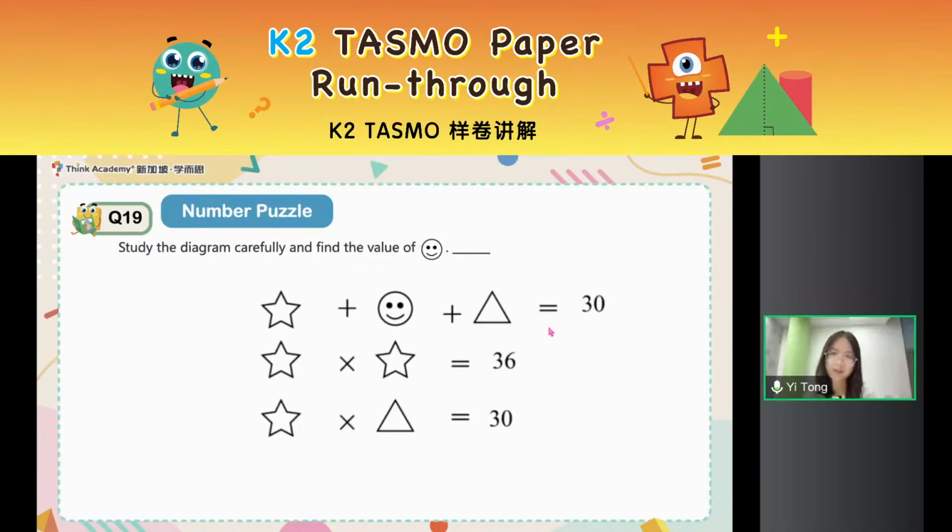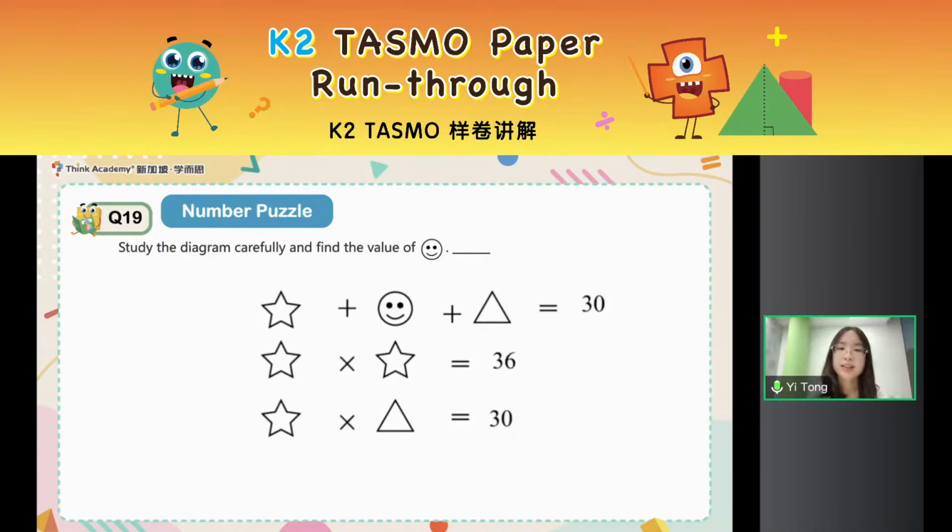Do we start with the first equation, second equation, or the third equation? Right. So for these puzzles, we want to start with the ones with only one shape or one symbol. Which one only contains one type of symbol? Only one type or one kind. Yes, the second equation, we only have the star.